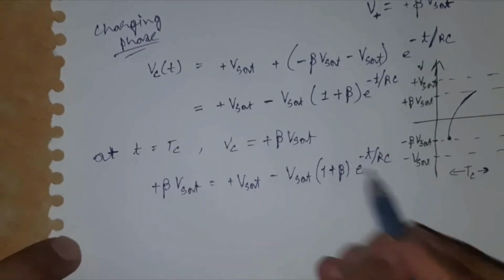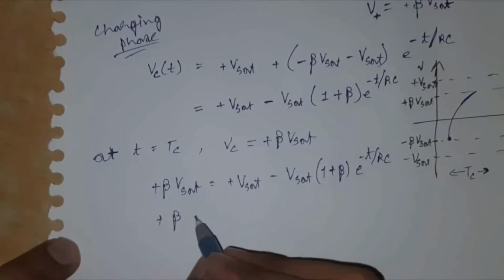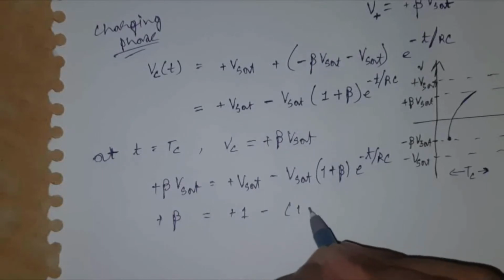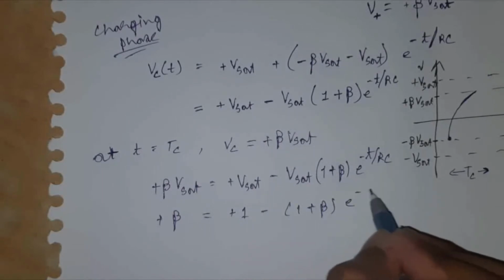So V sat just cancels out. Plus beta is equal to plus 1 minus 1 plus beta e to the power minus t by RC.